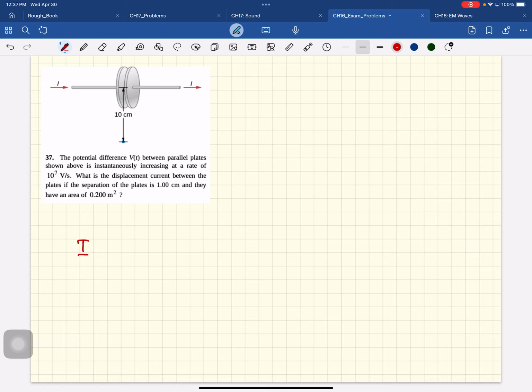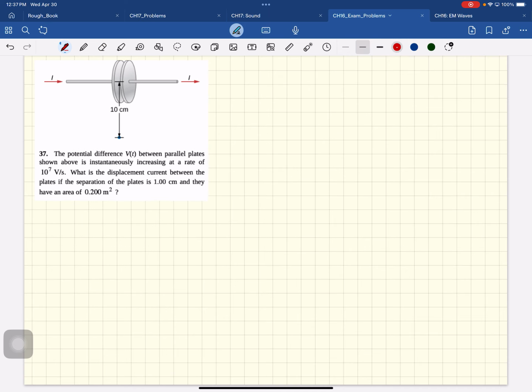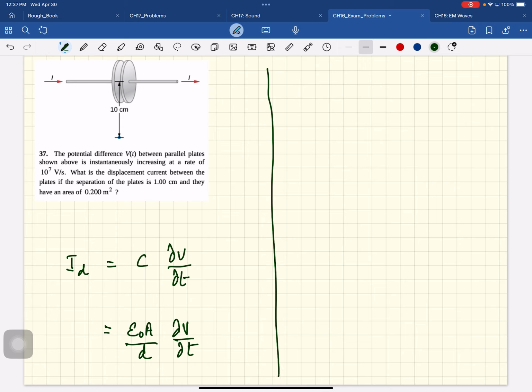Again, you just saw that the displacement current we just found is C times del V by del T. C is epsilon naught area by D, times del V by del T. Okay. So we'll plug in all those values. The displacement current is epsilon naught, 8.85 times 10 to the minus 12, and the units are coulomb squared per newton meter squared.